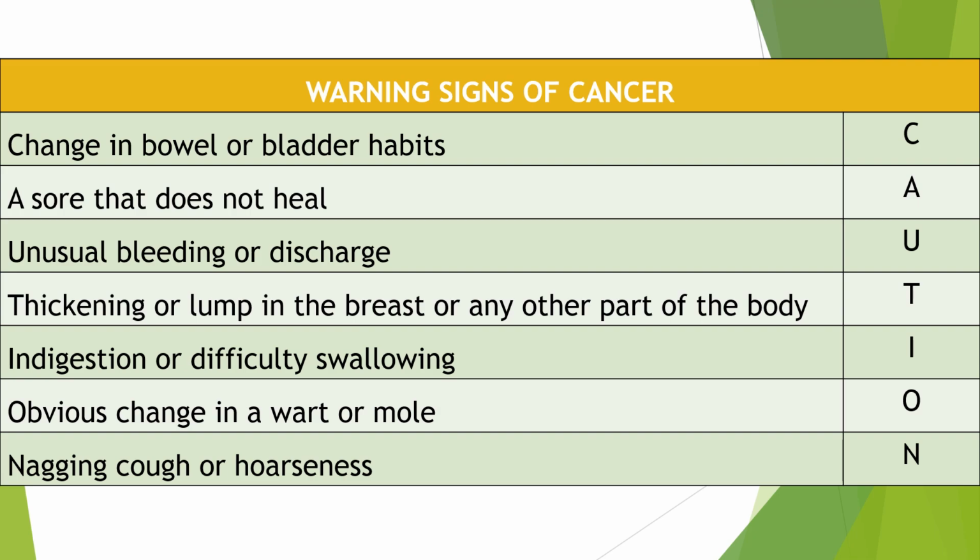Indigestion or difficulty swallowing. Obvious change in a wart or a mole. Nagging cough or hoarseness. In the previous statement, the patient had changes in bowel or bladder habits, so that is a warning sign of cancer. You need to know this mnemonic, and with that you will be able to answer that question. The mnemonic is CAUTION.